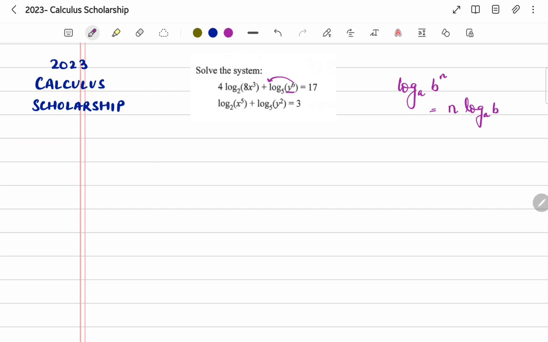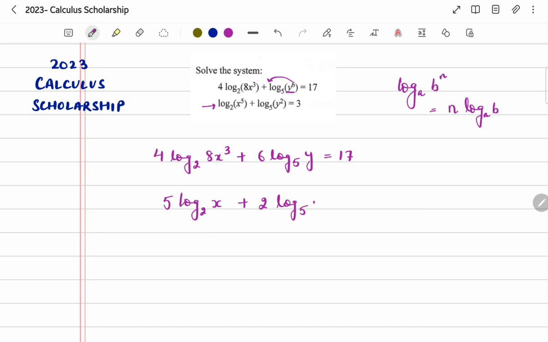So let's write the equations first. 4 log base 2 of 8x cubed plus, the second part can be written as 6 log base 5 of y is equal to 17. The second equation can be written as 5 log base 2 of x plus 2 log base 5 of y is equal to 3.